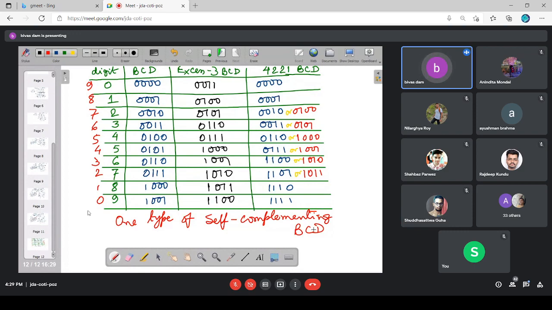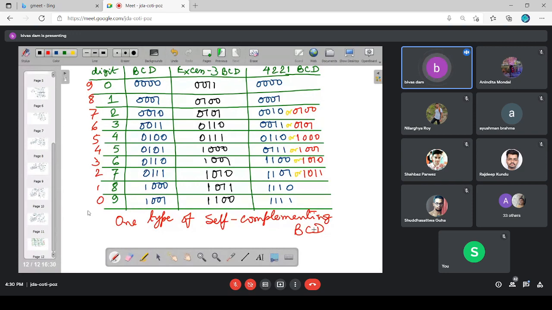Now let me go for that 4221 BCD, which we left unfinished. For 0 and 1 and 8 and 9, there are unique patterns. But for the others, for each digit, there are two versions.